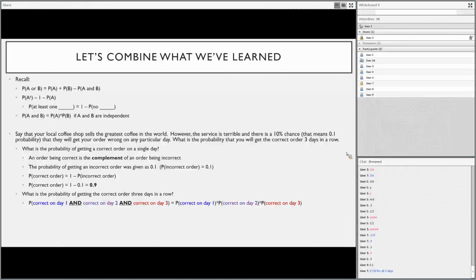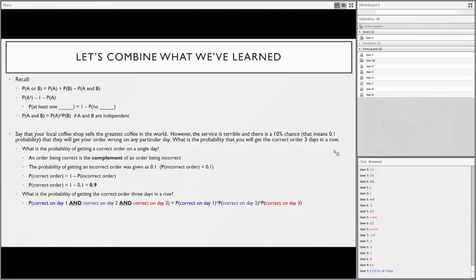So remember I said earlier, sometimes the word and or or is not implied and you kind of have to intuitively think of which one is the correct one. So if I asked what's the probability of getting the correct order 3 days in a row, that means I want the correct order on the first day and I want the correct order on the second day and I want the correct order on the third day.